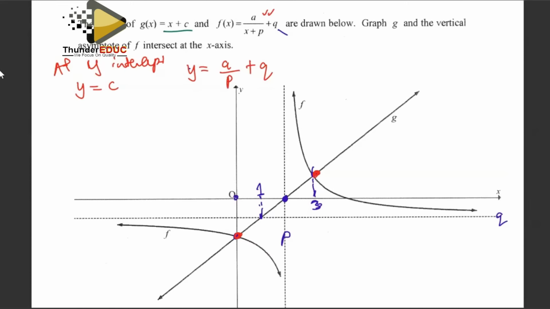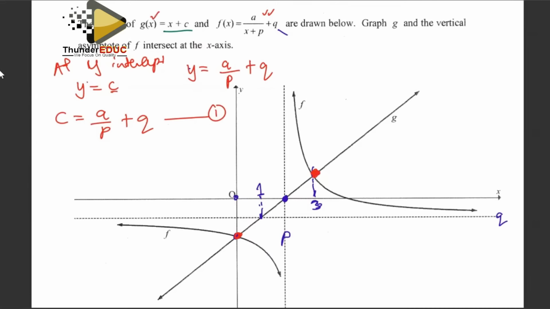Now, if I compare these two, remember the two equations must be equated to each other. So where there is y, I'll put c, meaning that c is the same as a over p plus q. I'll call that my equation 1. Then I have to still use the same aspect of the intersection and equate the two graphs.